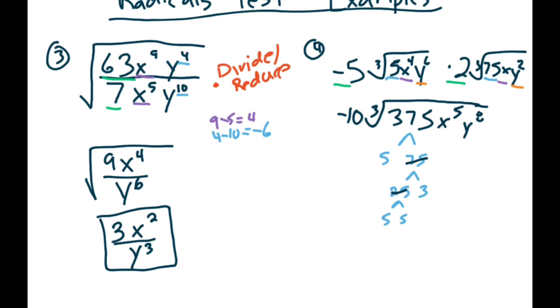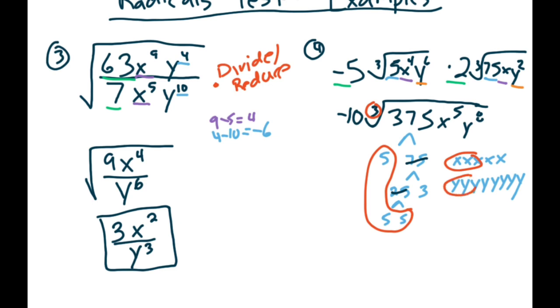I also have 5 x's and 8 y's. Now, because this is the cube root, we're going to circle groups of 3. So 3 of a kind. So I get a group of 5s, a group of x's, and 2 groups of y.